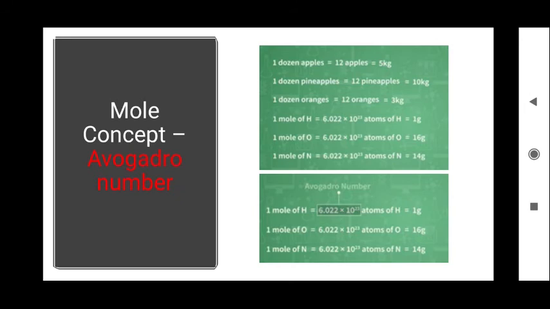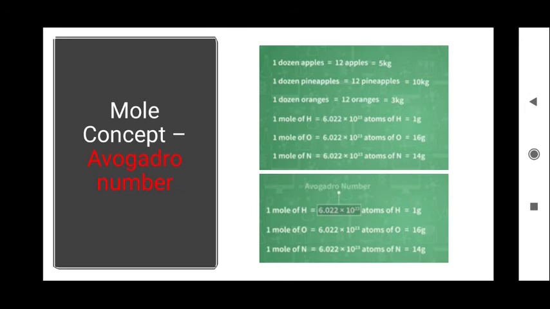Similarly, 1 mole of nitrogen has the same number of atoms, but its weight is different, 14 grams, its atomic mass. This number, which is constant for all elements or atoms, is called the Avogadro number, because it was given by the scientist Avogadro.